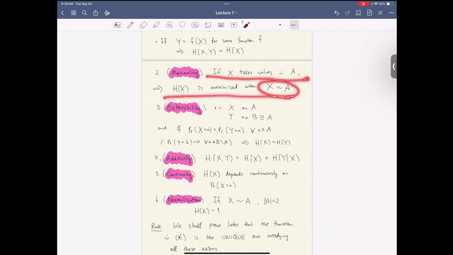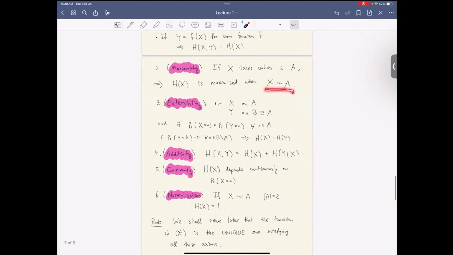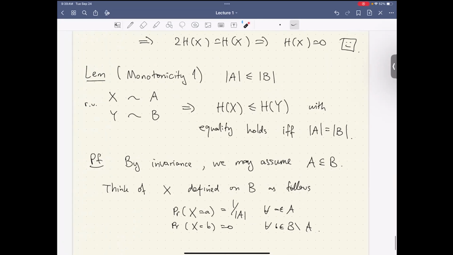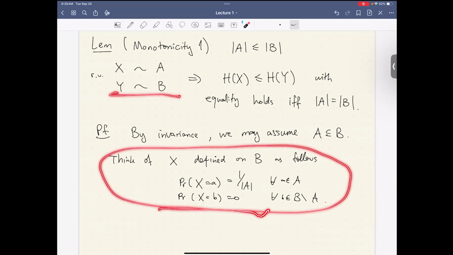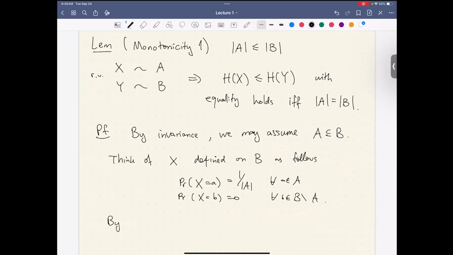Now we have both X and Y taking values in B, and Y is uniformly distributed over B, whereas X is not. So by maximality, H of X is at most H of Y.